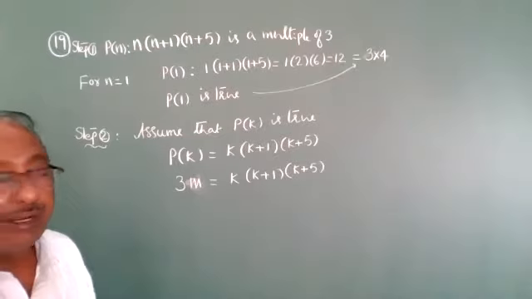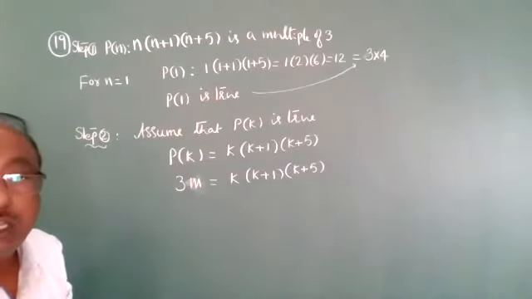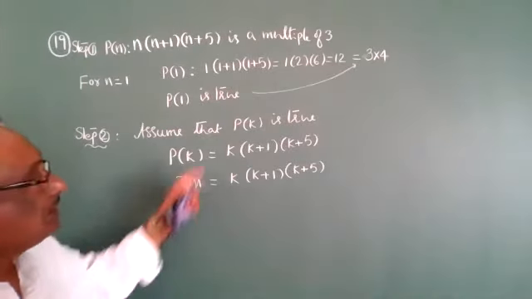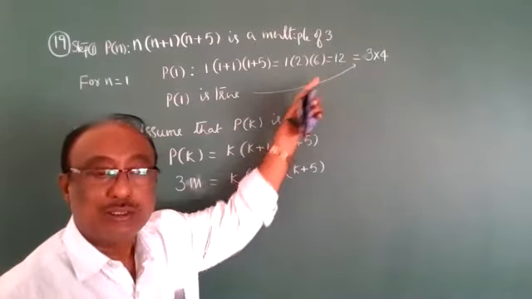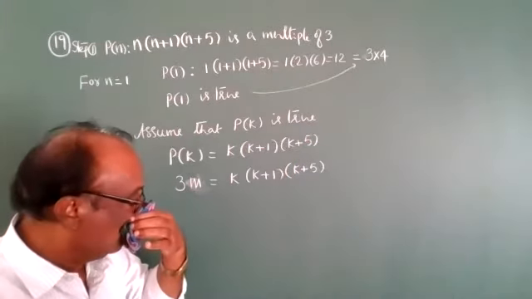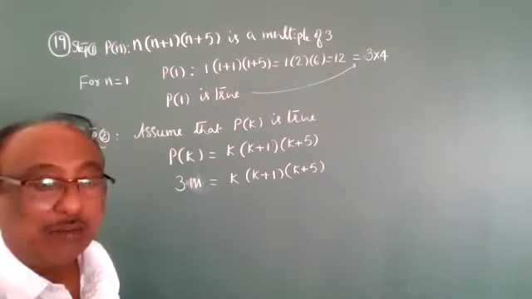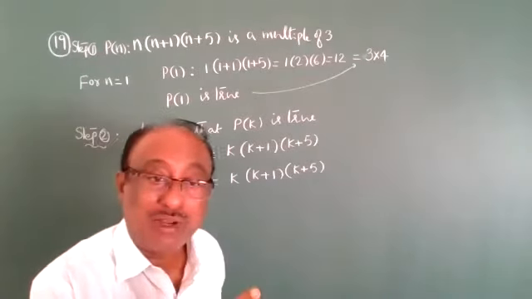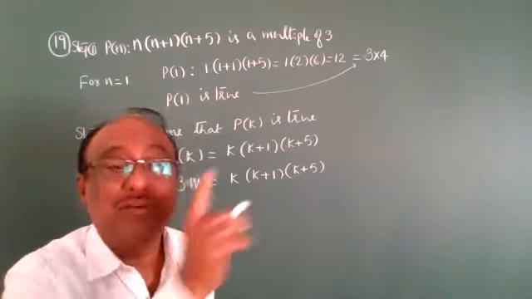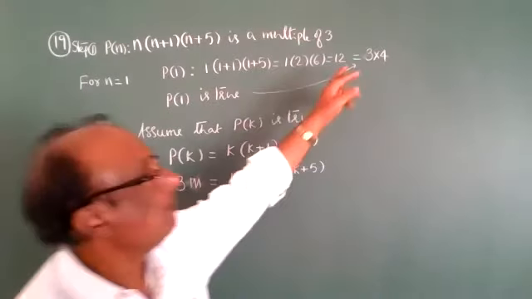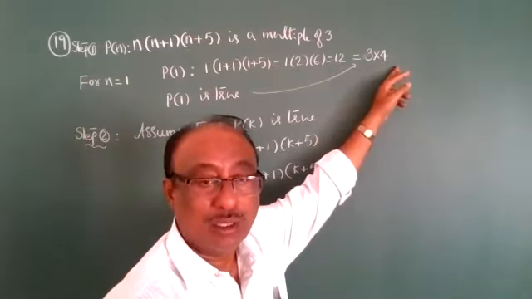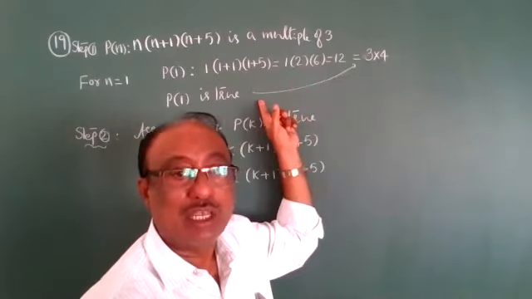Everyone observe, P of 1 is true means P of 1 is a multiple of 3 with some number, 3 multiplied by some number, which is 4. Then only we say that P of 1 is true.